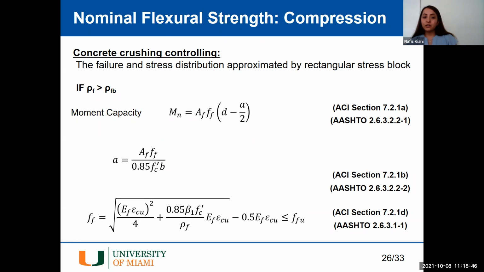In the case of the concrete crushing failure mode, the moment capacity equation is given by the ACI as this equation. In this equation it's the same, just the strength of the FRP is different, and the stress of the FRP is also given in this equation in ACI.